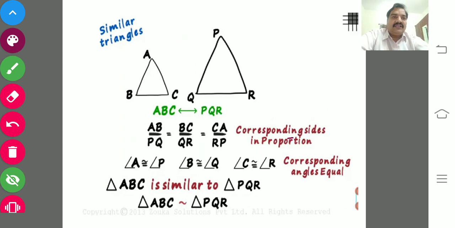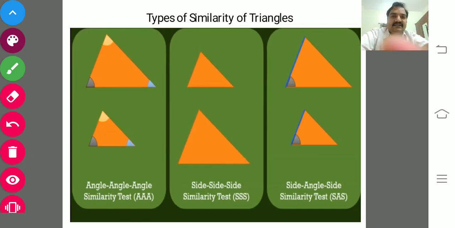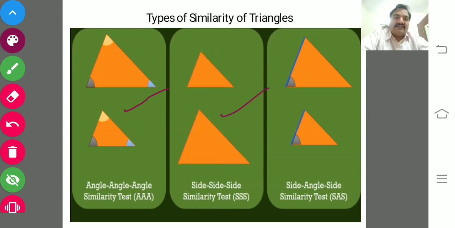So how many types of similarities are there? You just see the types of similarities here. As usual, like congruency, here also AAA similarity is there, but in congruency AAA is not there, and SSS congruency is there as well as SSS similarity.